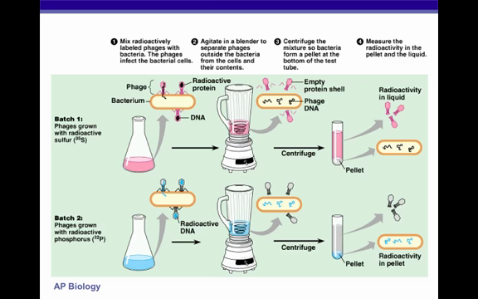So here's the same experiment again. This is the medium that they're talking about. So they grew the bacteria in here with sulfur, and then down here they grew this one with phosphorus. Again, the phosphorus is going to be incorporated into the DNA, and over here the sulfur is incorporated into the protein coat.